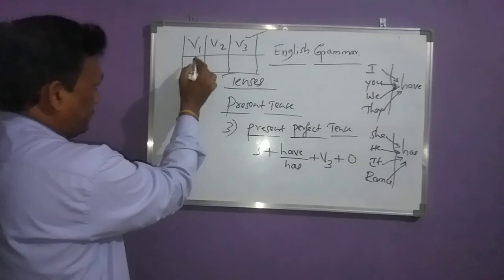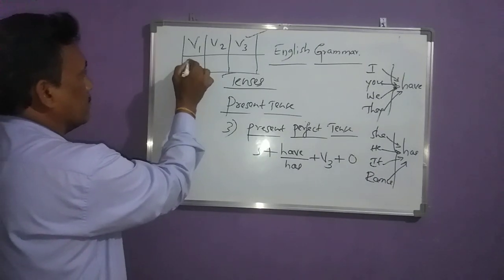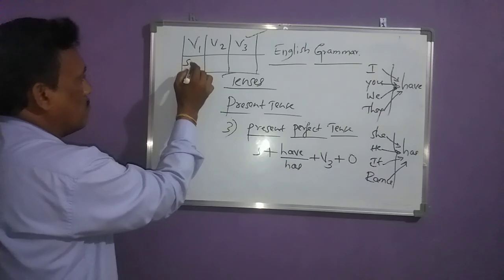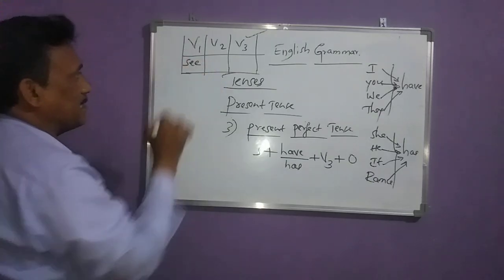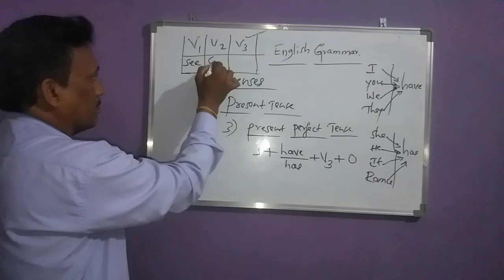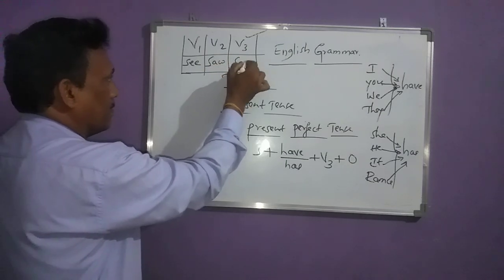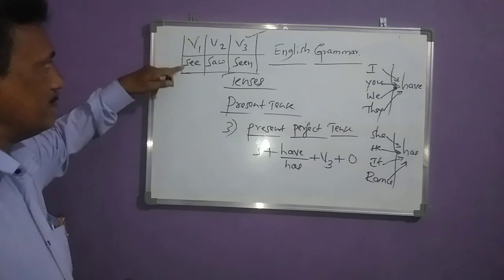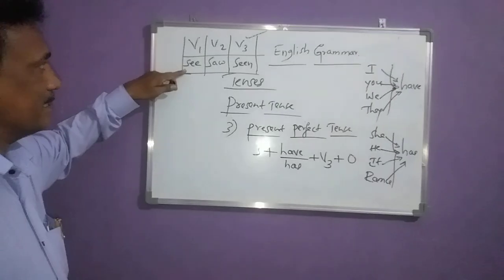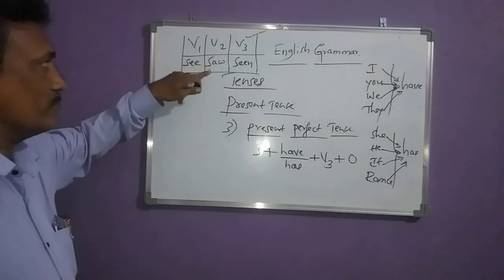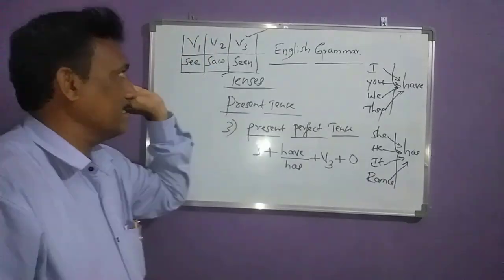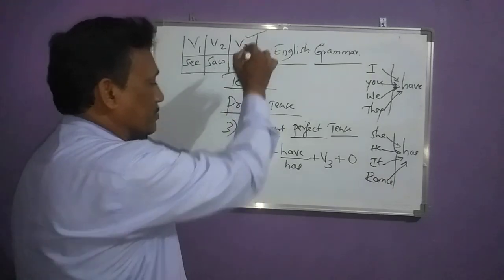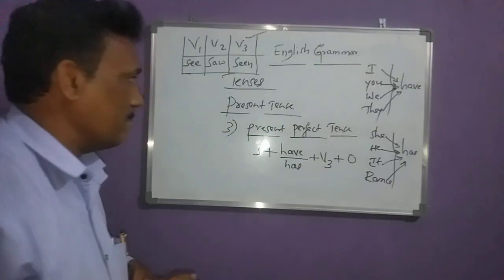For example, see. V1 is see. You can say I see. V2, I saw. V3, I seen. But here V3 is used. V3 is used only in the present perfect tense.